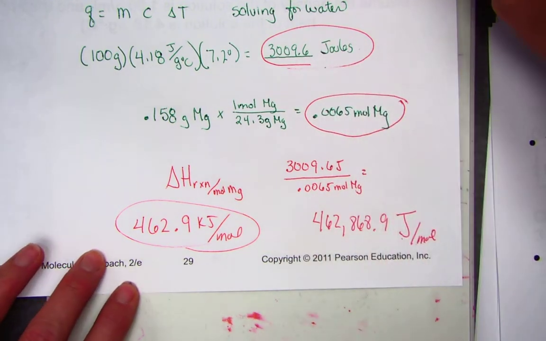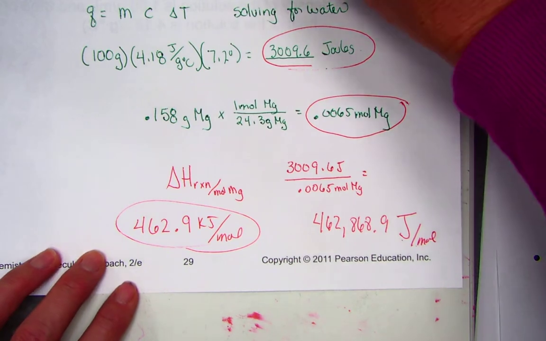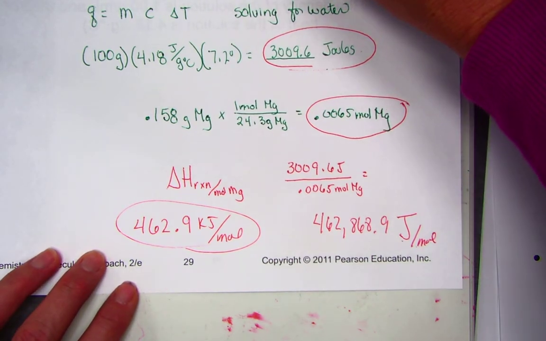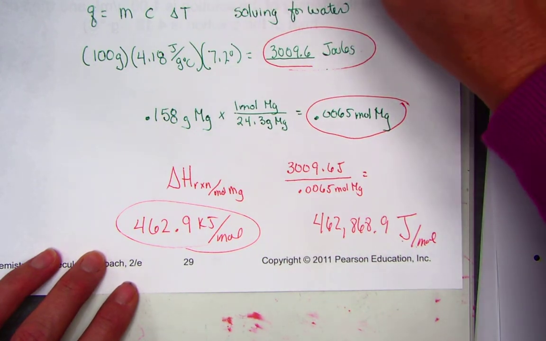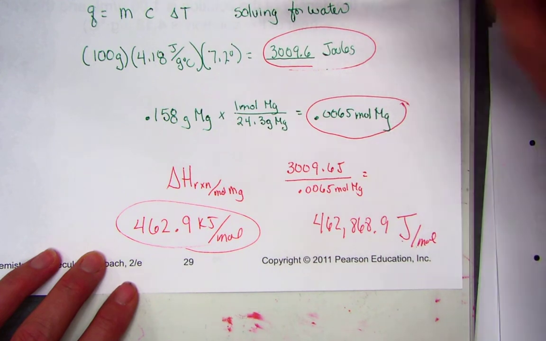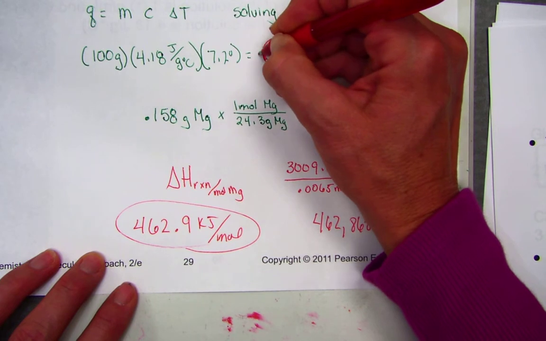So when 0.158 grams of magnesium was placed into acid, it released heat. The heat that was released was absorbed by the water. Heat released by the reaction was absorbed by the water. The water absorbed, that's a positive sign.